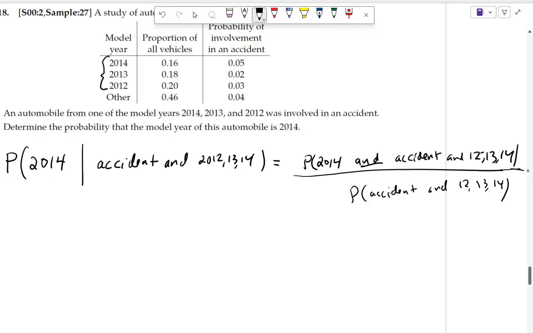And then reversing the top, you'd have what? Probability of 2014, times probability of accident and 12, 13, 14, given 2014. Yep, good.